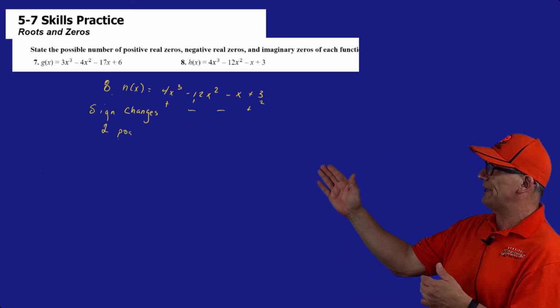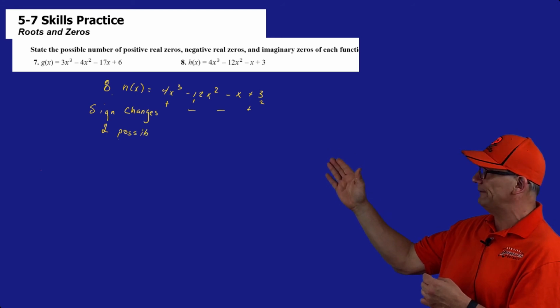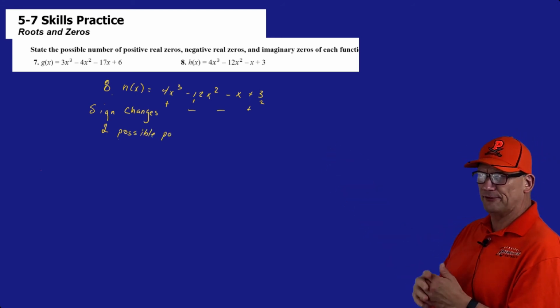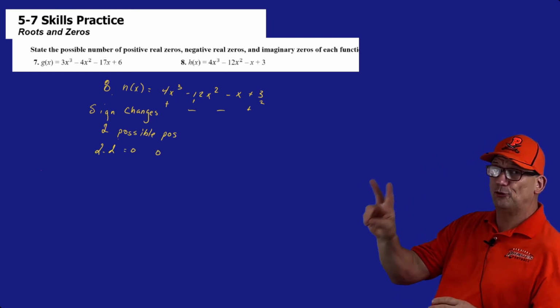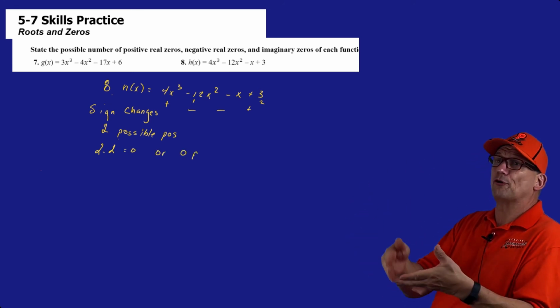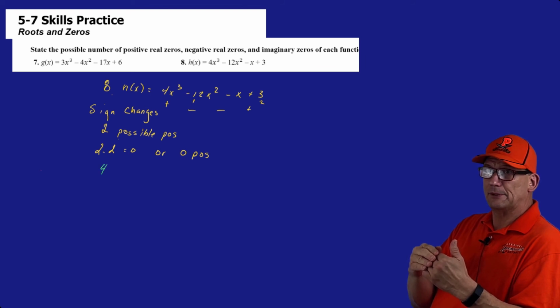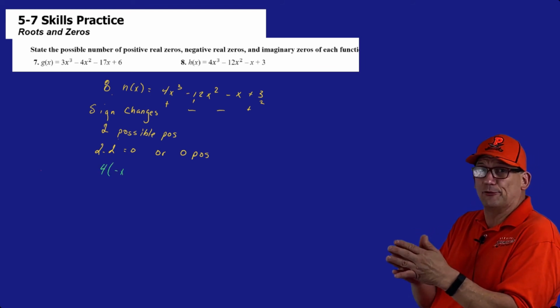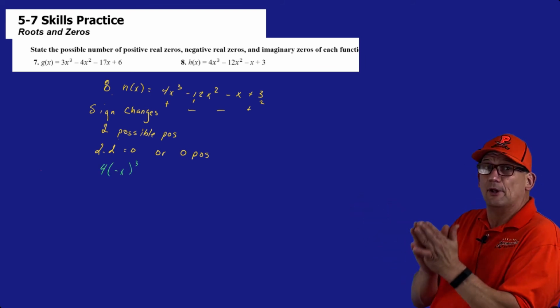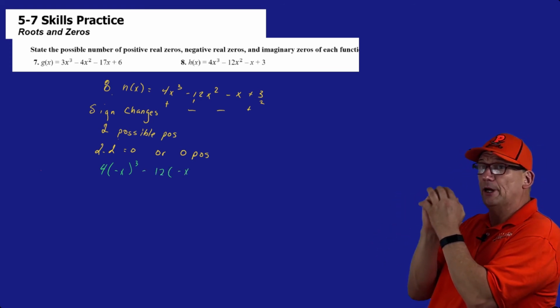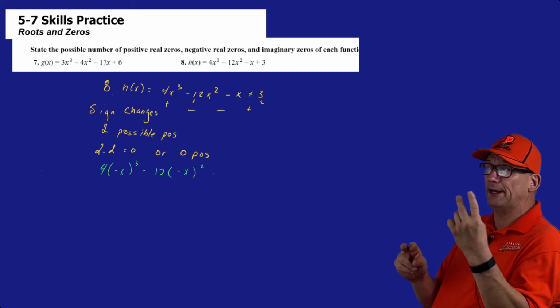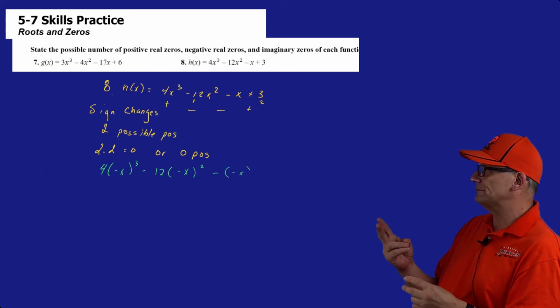From positive to negative is 1, and then back to positive is 2 sign changes. That means there's either 2 positive solutions or subtract 2 from it, the next even number. In this case, subtracting 2 equals 0. So there could be no positive solution. So right now it's either 2 or 0.